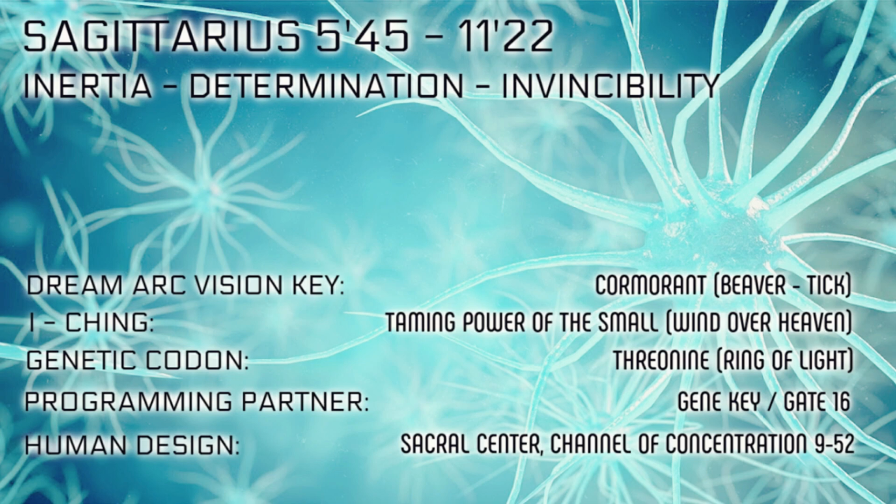And in human design, this gate is located in the sacral, which is the life force workforce energy center. It's part of the channel 952, the channel of concentration, or also called the channel of stability.